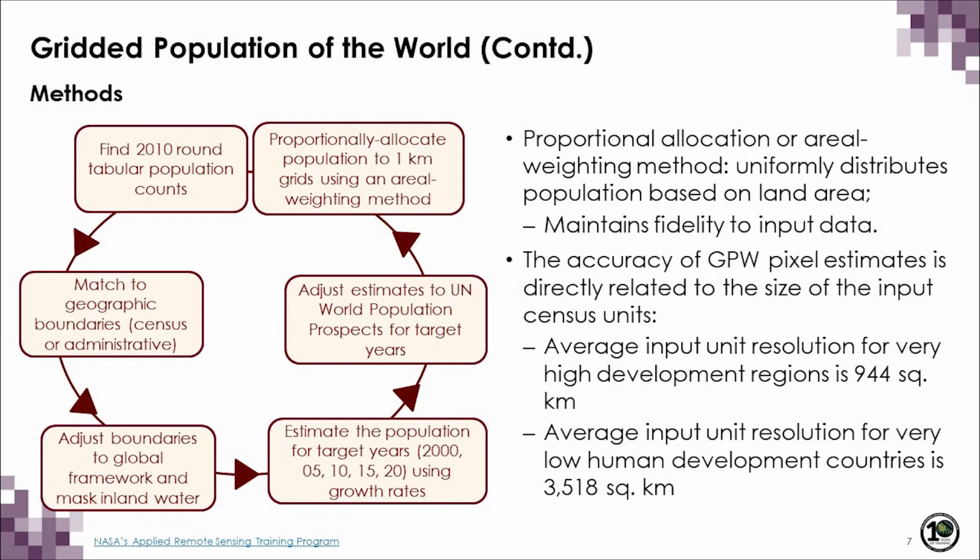For example, the average input unit resolution for very high human development regions is about 900 square kilometers. The average input unit resolution for very low human development countries is around 3,500 square kilometers. Accuracy would be higher for the former than for the latter.